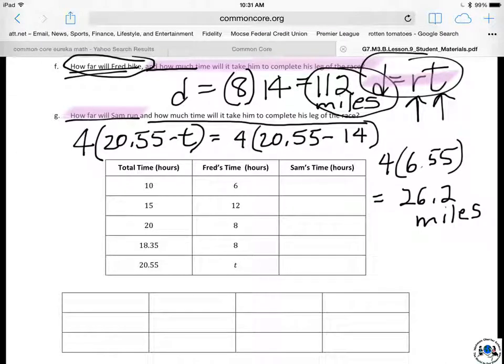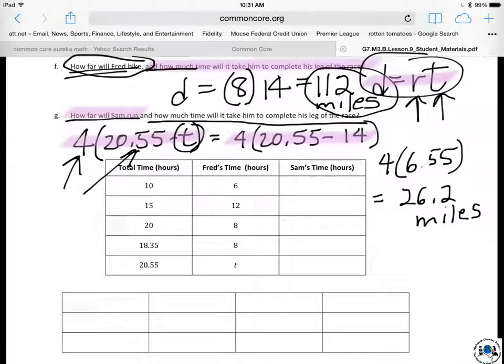For Sam, figuring it out took another extra step, because if you remember, this was our expression for Sam. His distance is d equals r times t, with 4 miles an hour being the rate, and his time was represented by 20.55 minus t, which was Fred's time. So if we plug in that 14, we end up with 4 times (20.55 minus 14).